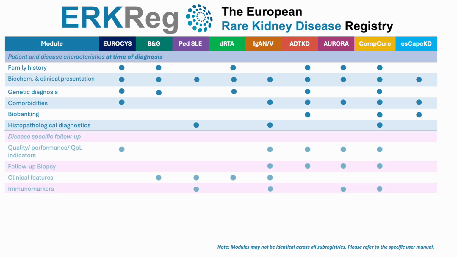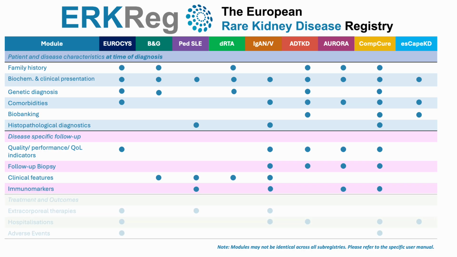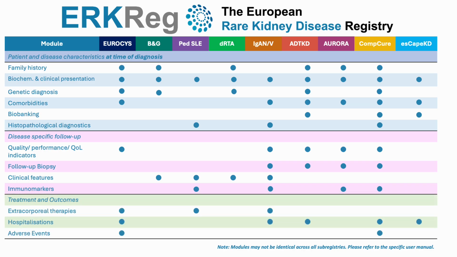The second group contains disease-specific follow-up information, including quality and performance indicators, biopsy information, clinical features, and immunomarkers. The third group focuses on treatment and outcomes, including extracorporeal therapies, hospitalizations, and adverse events.